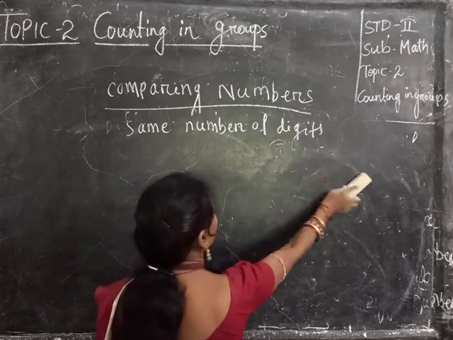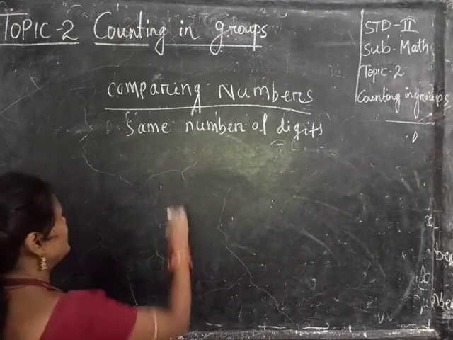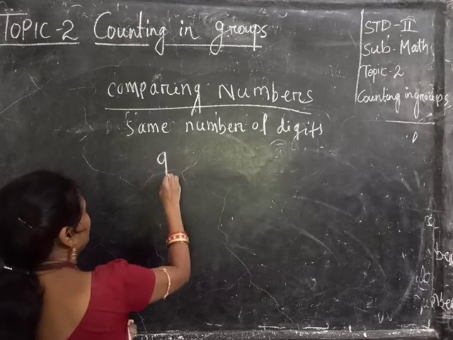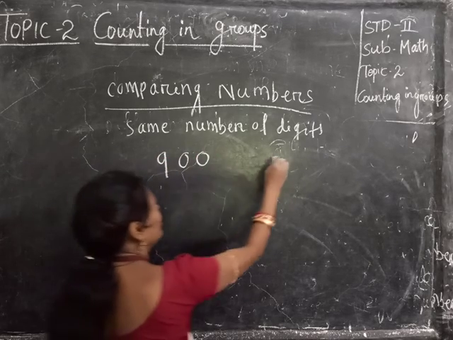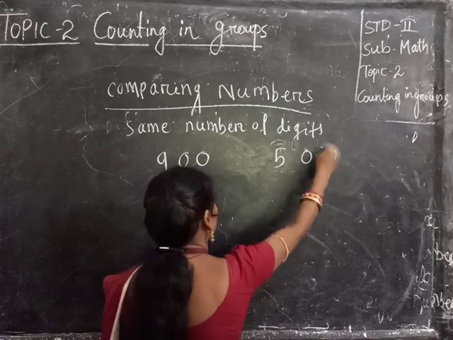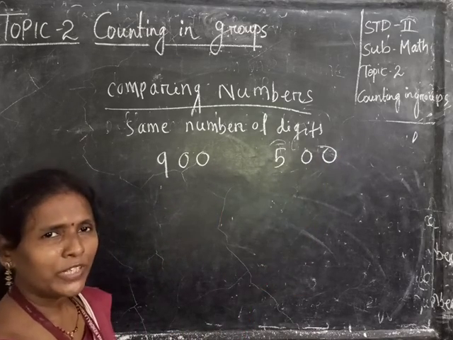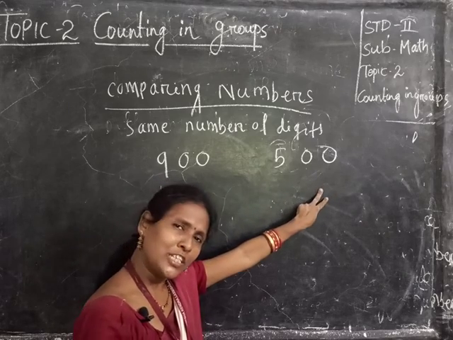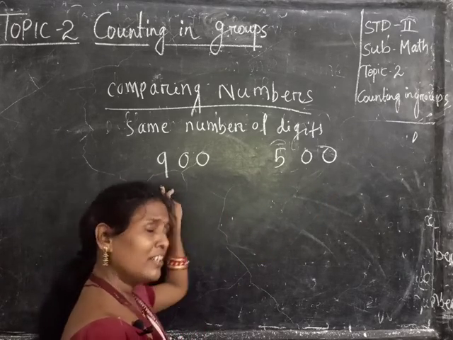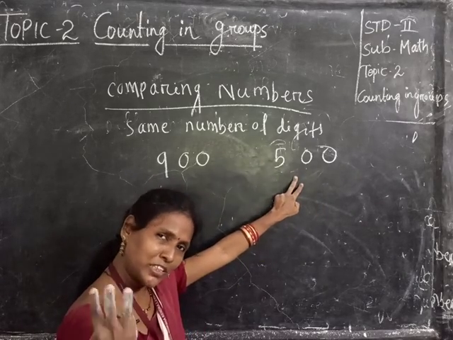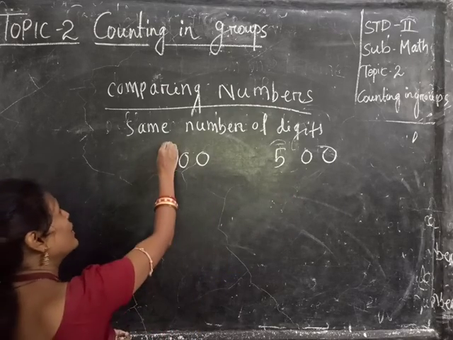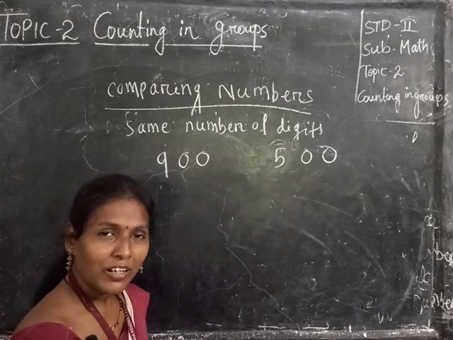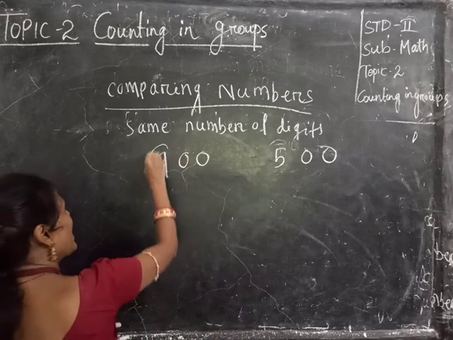Tell me students, you will tell now. Okay. 900. Then is your 500. Tell me students, you see, these are also 00, these are also 00, and these are also 3 digit. This number are also how many digit? 3 digit. Now tell me, we have to see which place? 100 place. Right.